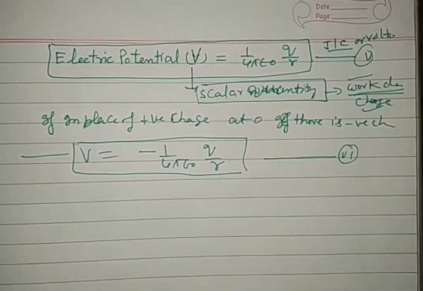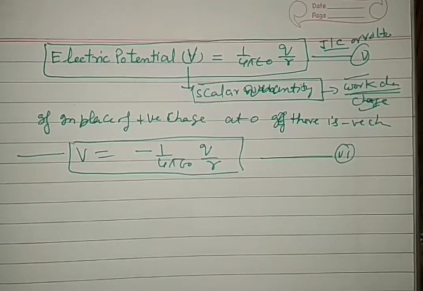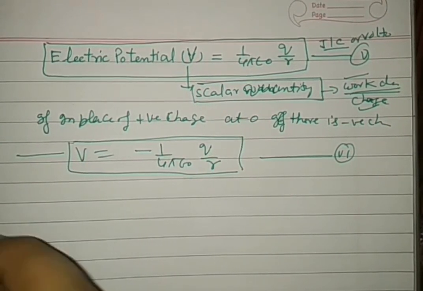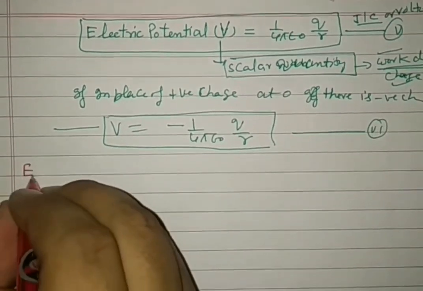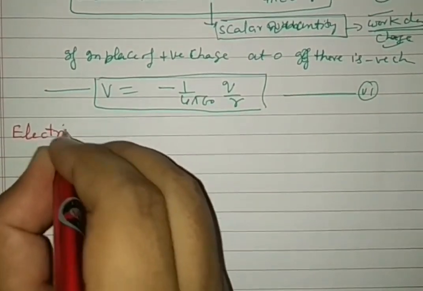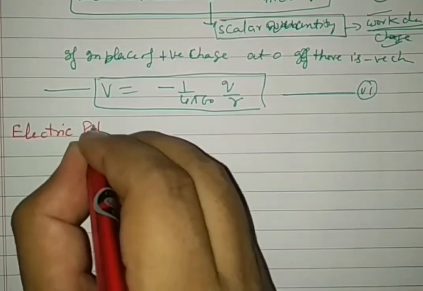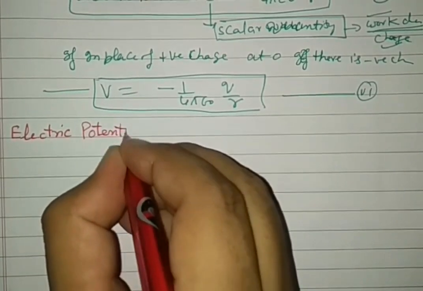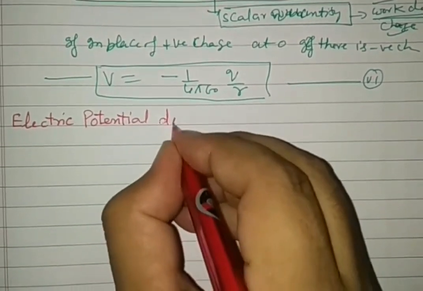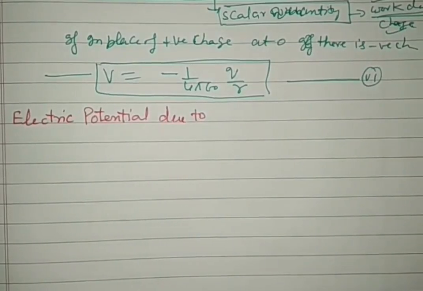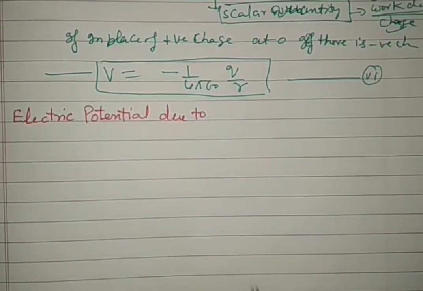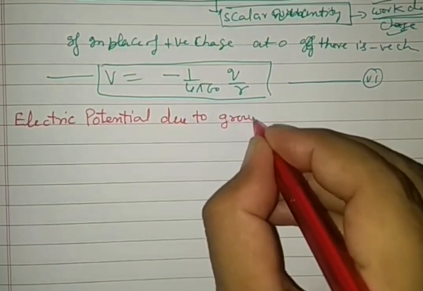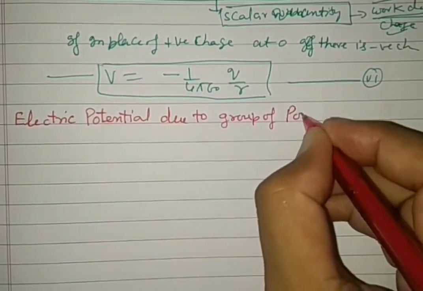Now we are going to see one important small topic: electric potential due to a group of point charges.